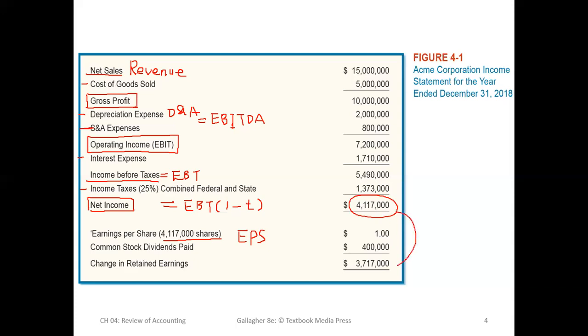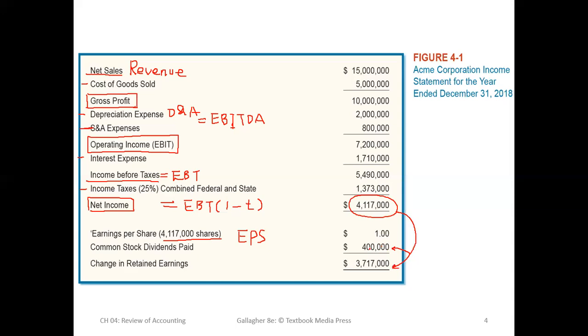One is it goes to the retained earnings, so you keep this amount of money in your company. The 400,000 is not going to be kept. It goes to your stockholders.